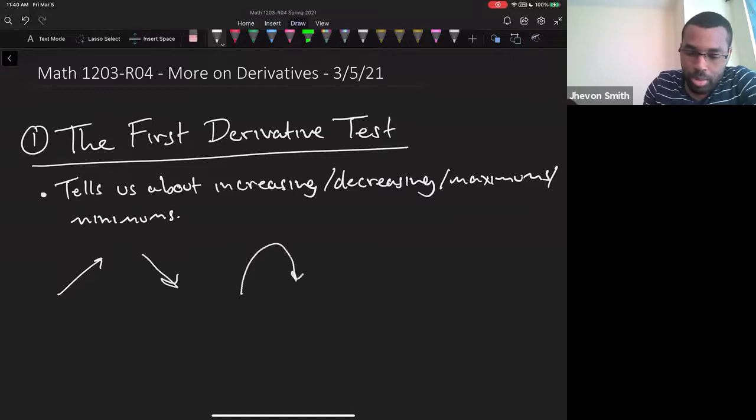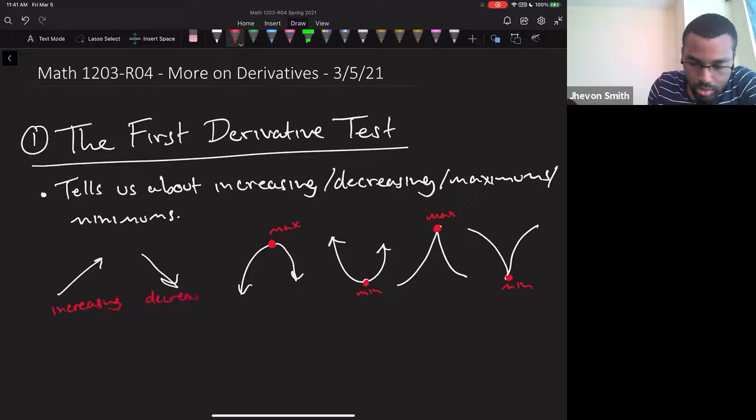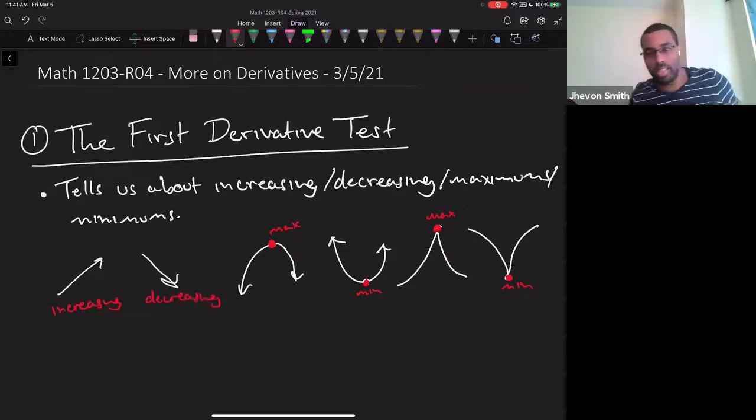Did it hit a maximum point? Or did it hit a minimum point? Like a max or a min, or is it increasing or decreasing? These are the kinds of things you want to find out about.